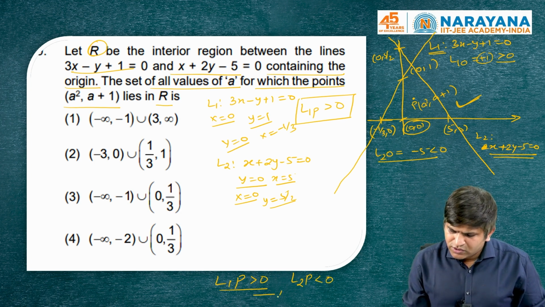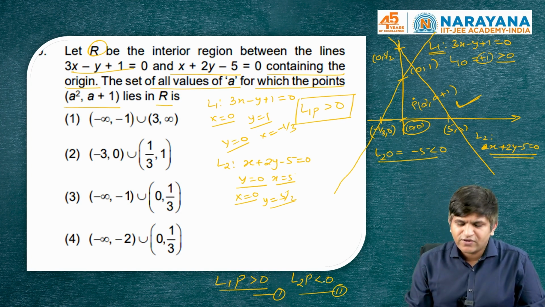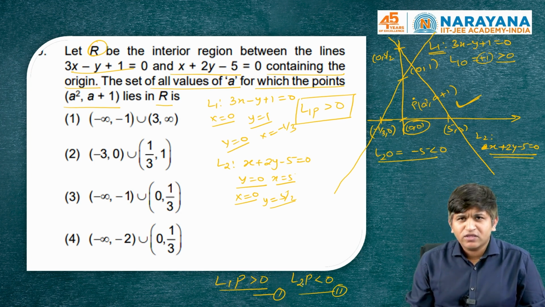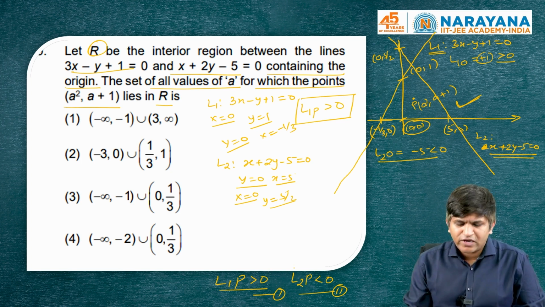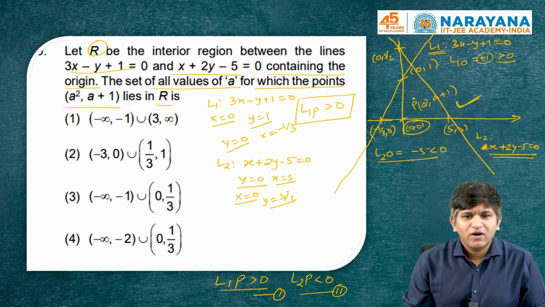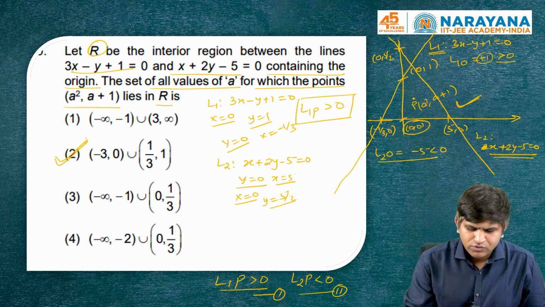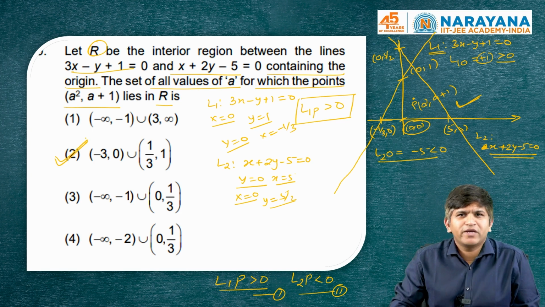So we have to solve these two inequalities, L1 of P and L2 of P. After solving them, if we take the intersection, we will get the set of values of a. So that will be our option B. This is just based on the position of a point with respect to a line. I hope this is clear to all of you.